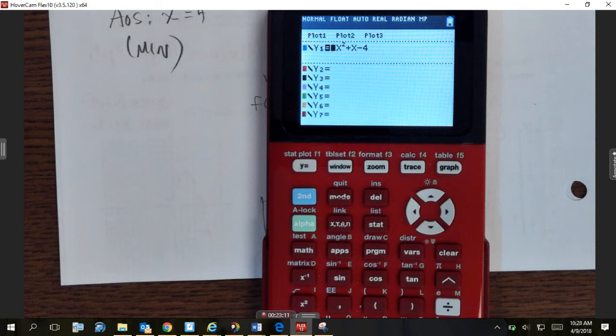We're doing question B. We're typing it in. If your window is all crazy, you can hit Zoom 6 to fix your window. If you have any errors, you let me know so I can help you with that.